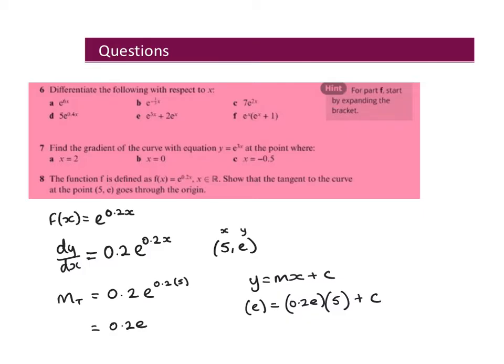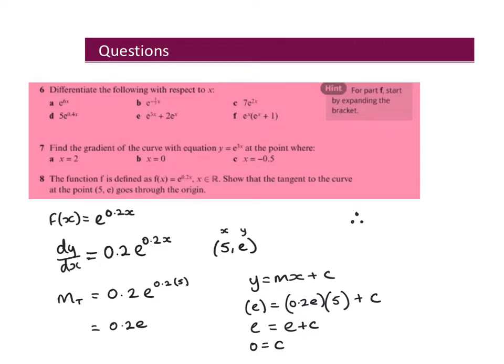Now, when I solve this, I get e equals 0.2e times 5. What do you know? It equals e. 0.2 times 5 is 1. So then it's 1 times e, which is just e, plus c. If I take away e from both sides, 0 equals c. Perfect. I now have my c, I now have my m.